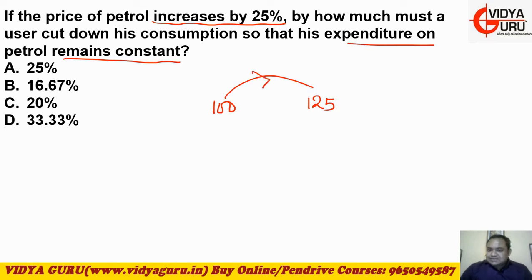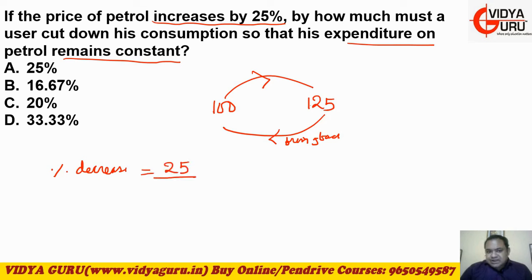So 100 has jumped to 125. Answer is hidden here. Bring back. So bringing back 125 to 100 means what? Decreasing. So percentage decrease. How much you have decreased? You have decreased 25. 125 has become 100. So decrease is of 25.